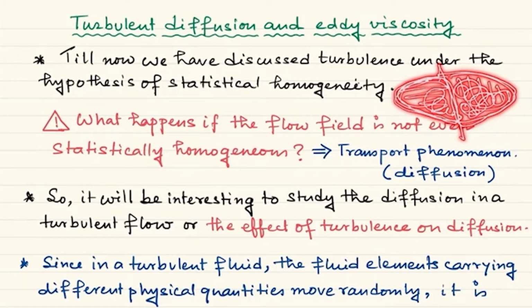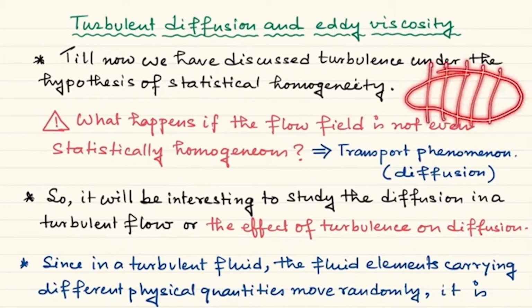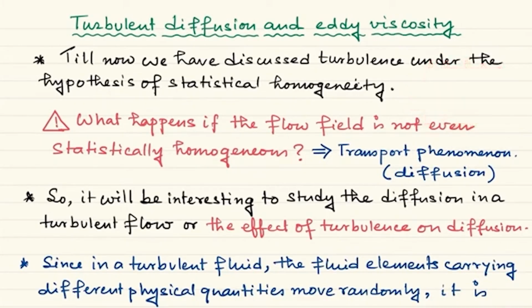Now let's say instead of just two regions, you have several regions. For every subdomain you can still apply the assumption of statistical homogeneity, but if you globally consider the system, you should understand that this type of system should permit transport phenomena, because there is a gradient.